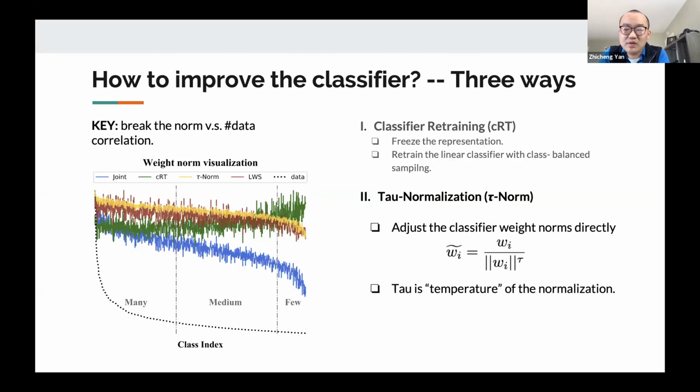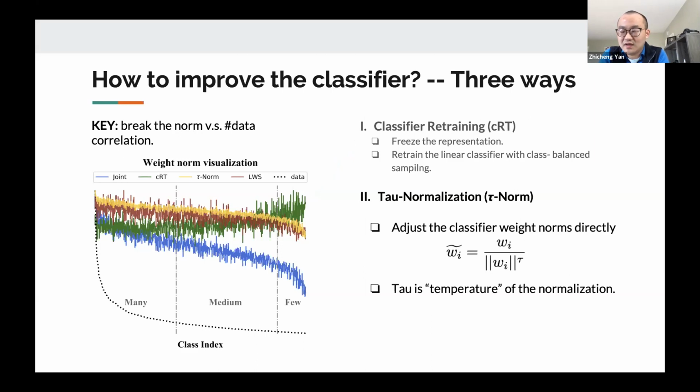The second way we tried out is more straightforward. We simply normalize the classifier weights, and we introduce a simple hyperparameter, temperature, tau. It's actually regulating the normalization. If you set tau to be 1, that is the vanilla L2 normalization.